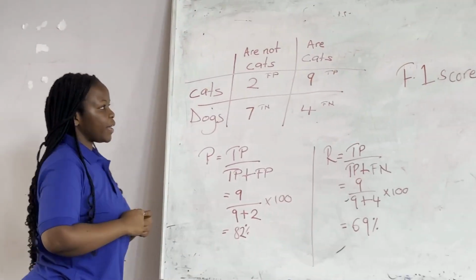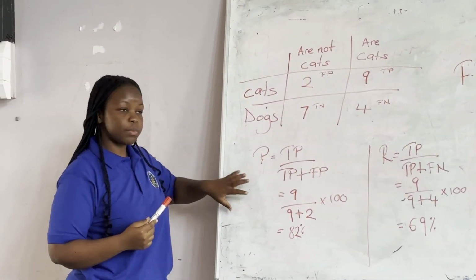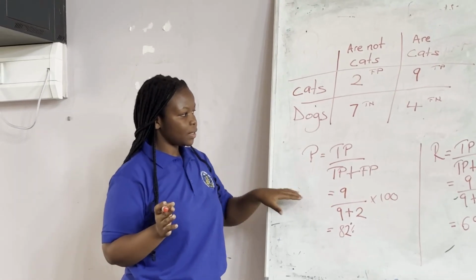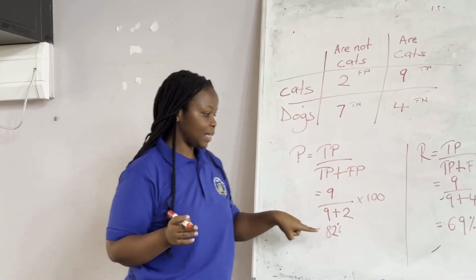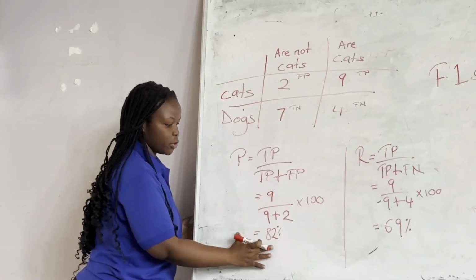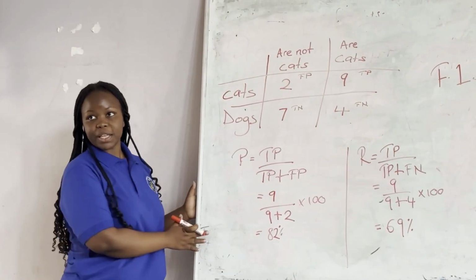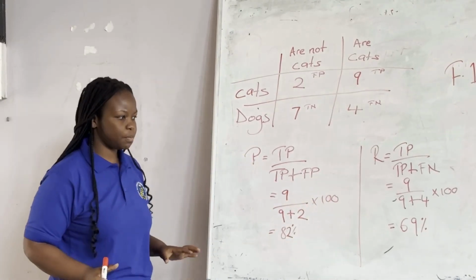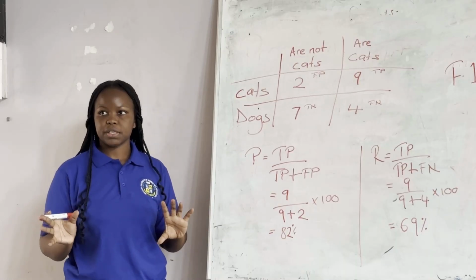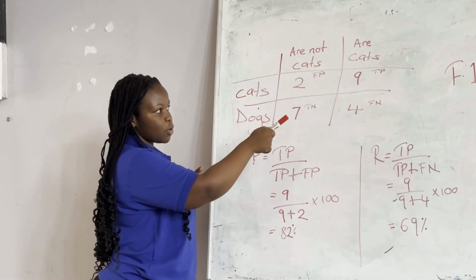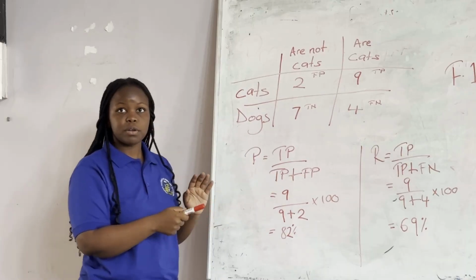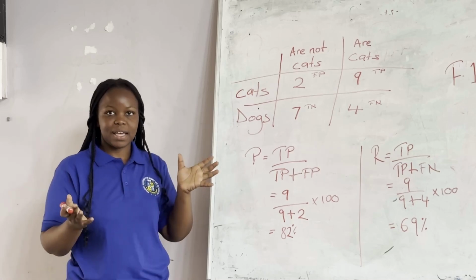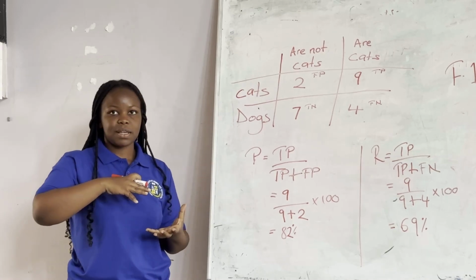So F1 score is not necessarily better than precision and recall, but it finds a balance between the two. If we used only precision, we get 82% and say, oh, that looks good. If we only got recall, 69% would be like, our model is not doing so great. So with F1 score, if one of them is low, it will show the low. If one of them is higher than the other, we still get a small hike.